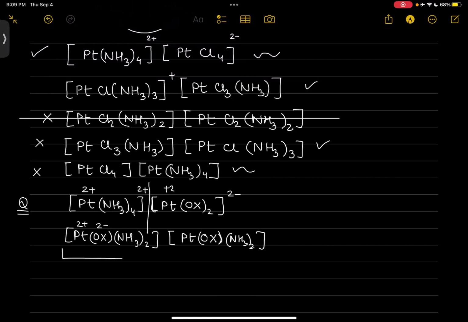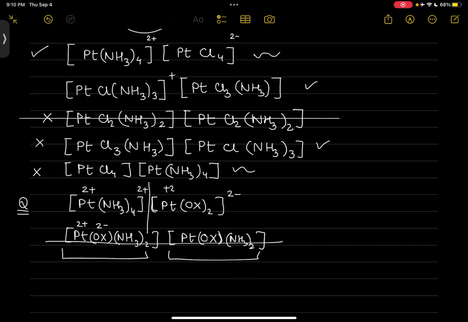This whole complex has become neutral. And if it is neutral, you are not going to write the cation. It has a cation and an anion. So this case was ruled out because it became neutral. You need to reject the neutral complexes because you need to have a complex cation and complex anion.